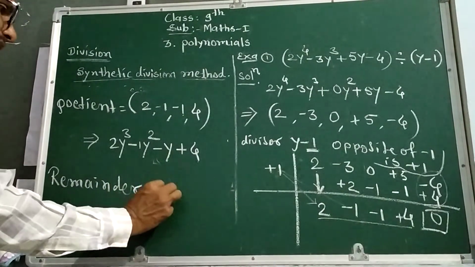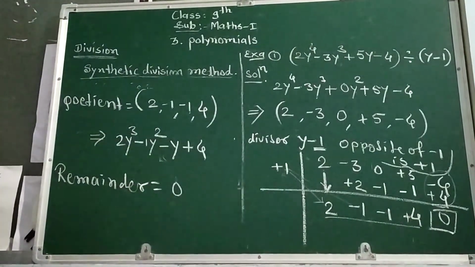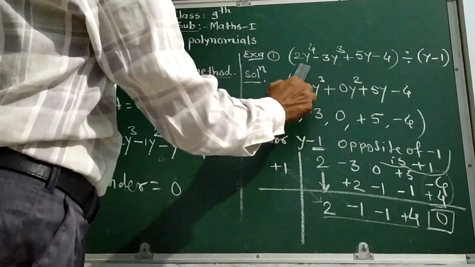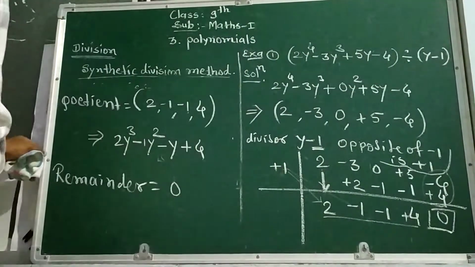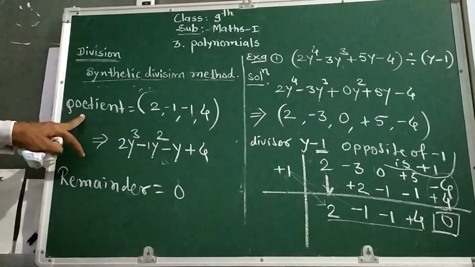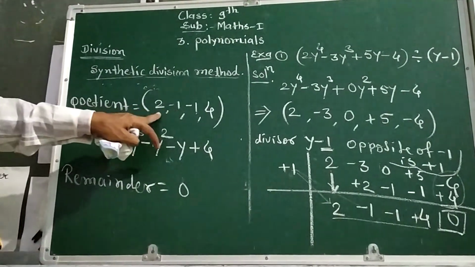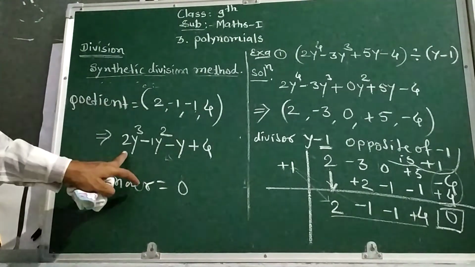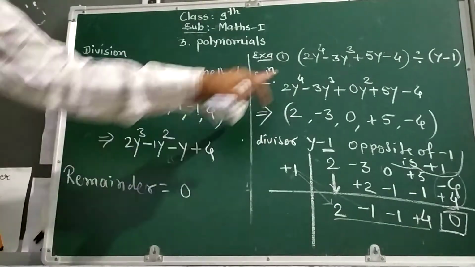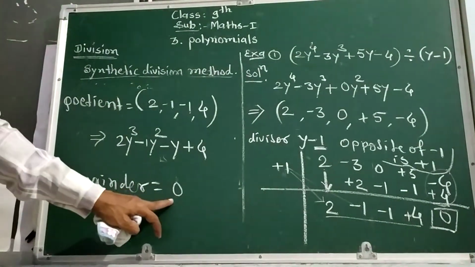That is, the remainder is 0. That is, in this way we have to divide this by y minus 1. The answer is the quotient in coefficient form, and this is the answer of this quotient, and the remainder is 0.